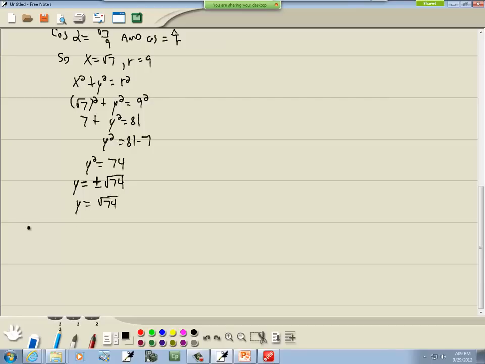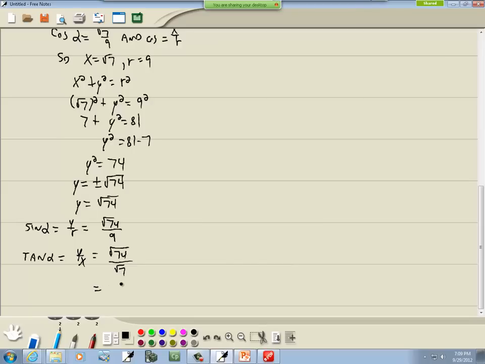Okay. Now, we said we need sine alpha. Sine is equal to y over r. So it's square root of 74 over r, and r was 9. We also need tangent alpha. That's equal to y over x. Y was square root of 74, and x is square root of 7.